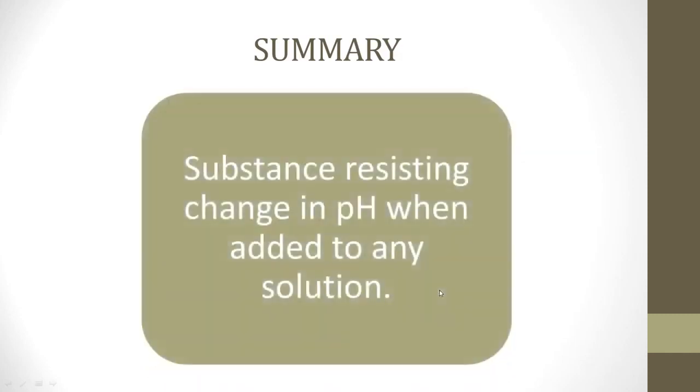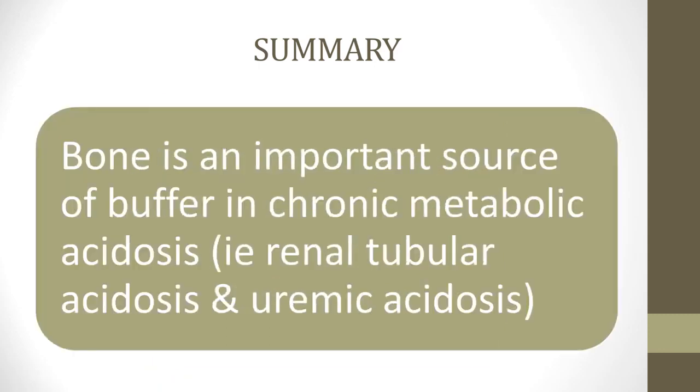So if I summarize, the substance that resists change in pH is called the buffer. We just discussed, and the bone is an important buffer in chronic metabolic acidosis.